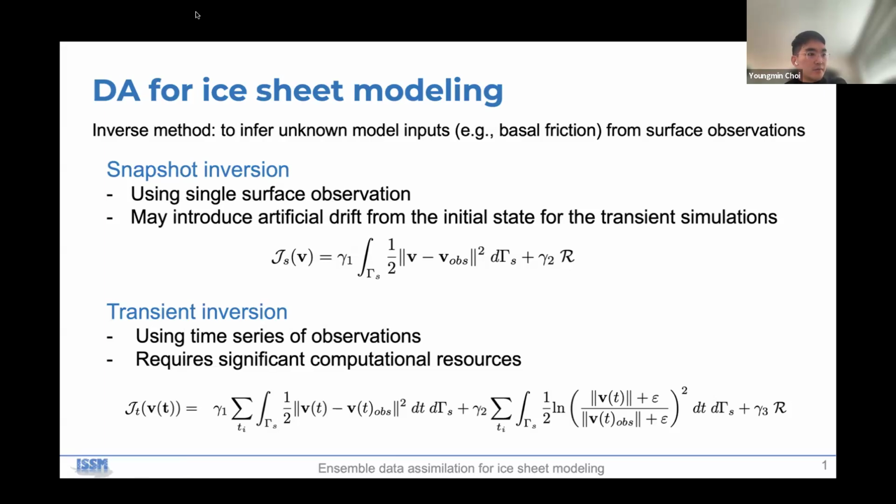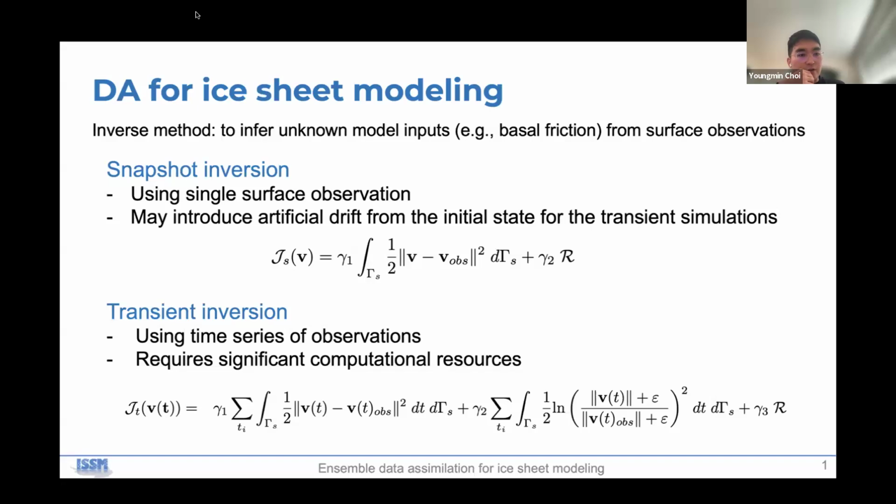This is a great method to produce the current state of the ice sheet, but it can introduce some artificial model drift from the initial state for the transient simulations. Transient inversion, which simulates longer time series of observation, could reduce those model drifts by reproducing the current trends of changes in glacial behavior.